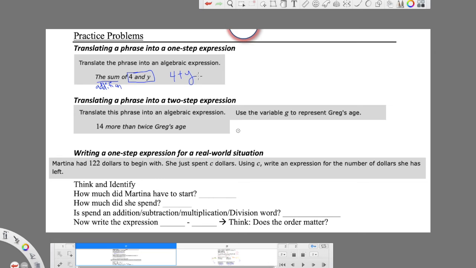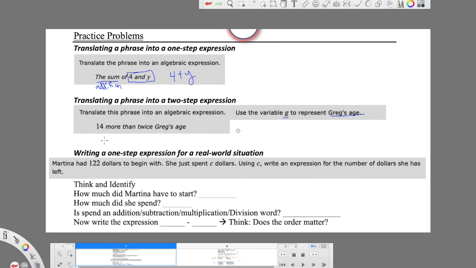All right, the very next one: translate this phrase into an algebraic expression. Use the variable g to represent Greg's age. They're not telling us g in the sentence, but they're telling us what to replace the unknown quantity with. So, 14 more than twice Greg's age. We want to identify what we are doing.